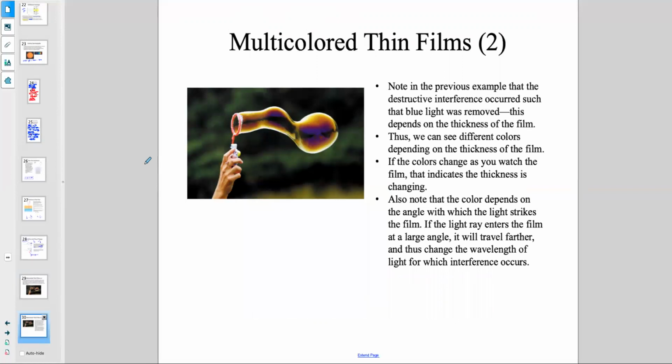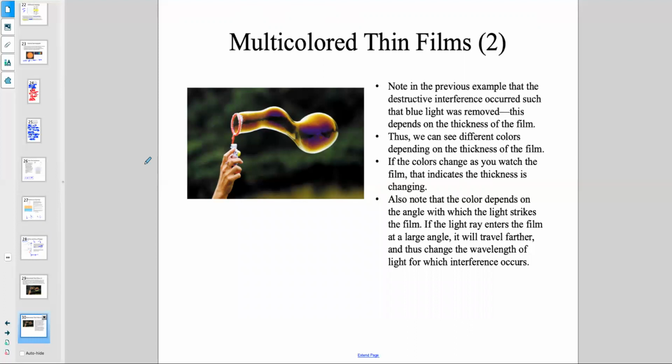In our examples so far, destructive interference occurs such that the blue light is removed, and this depends on the thickness of the film as well. So we can see different colors depending on the thickness of the soap on the water.